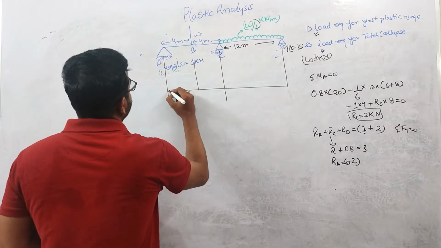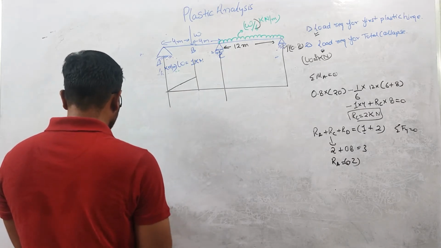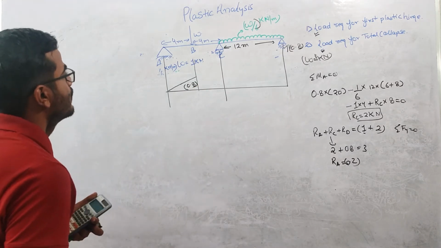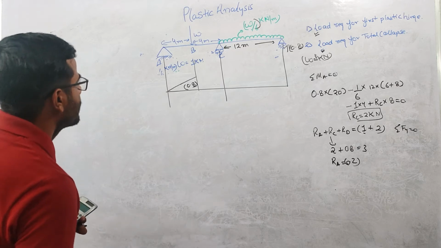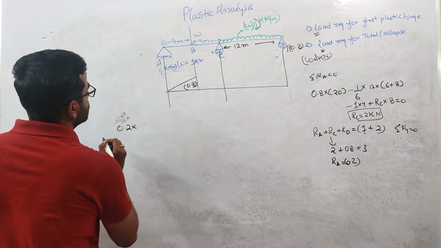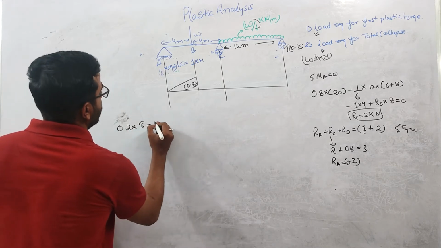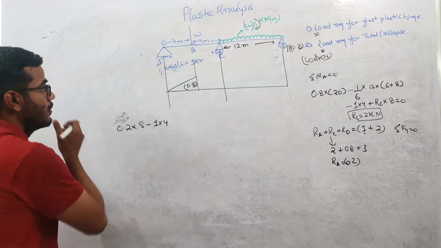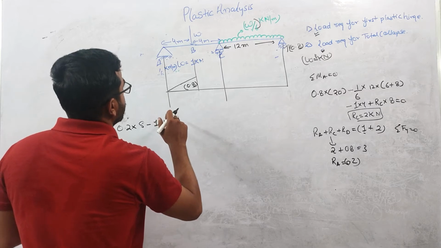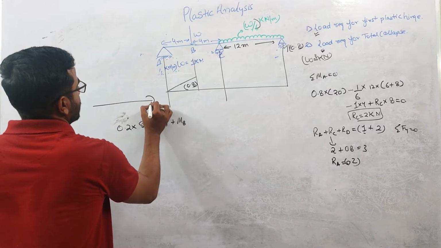The bending moment diagram will be a straight line up to this point, and the value of the moment will be 0.2 into 4. So this is 0.8. What will be the bending moment value at point C? I can write RA, 0.2 into 8 minus 1 into 4 minus 1 into 4, and I'm assuming that bending moment at MB is acting like this.